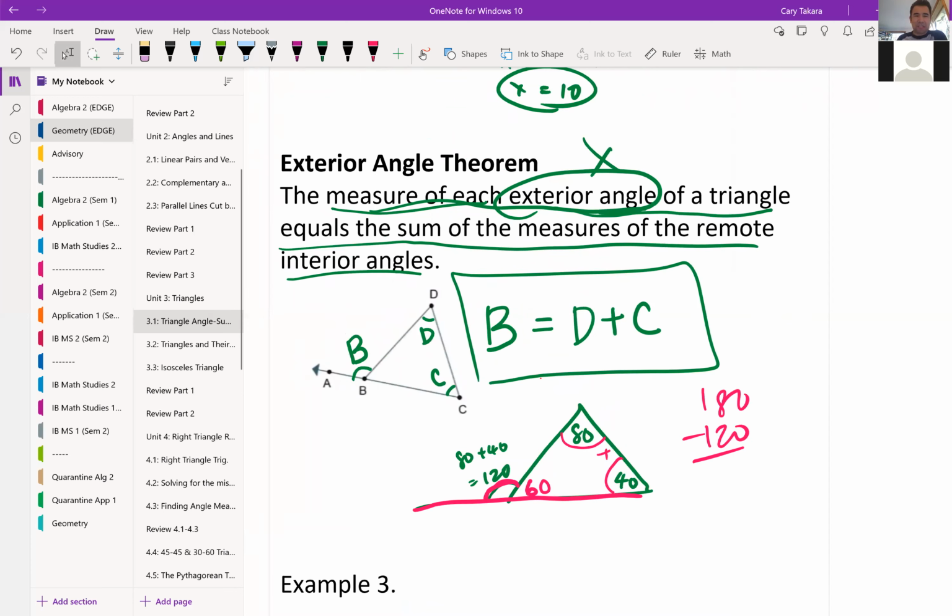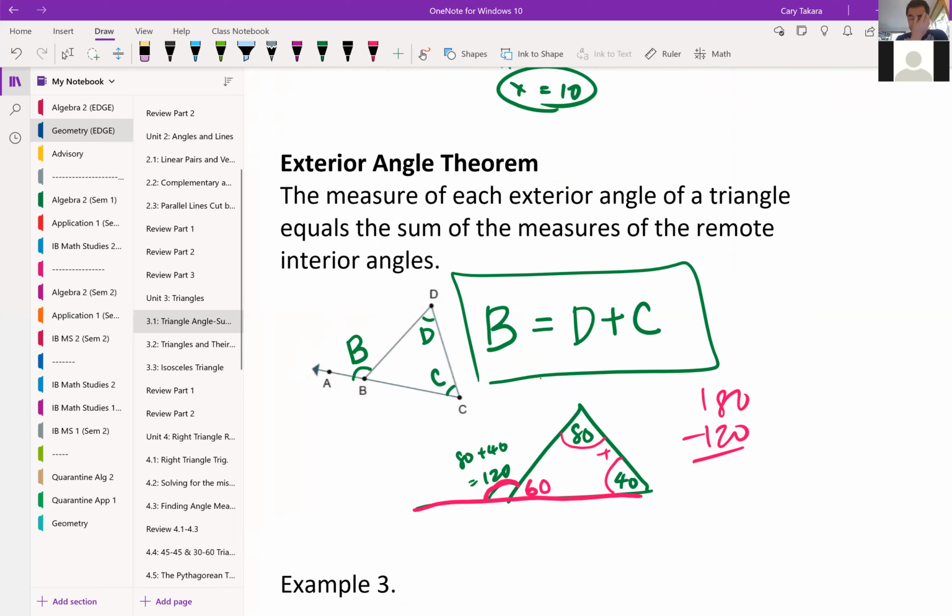So please write this down, exterior angle theorem. Is everybody good? Are we ready to move on?